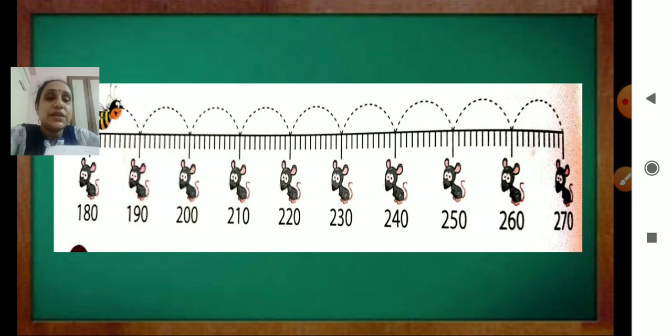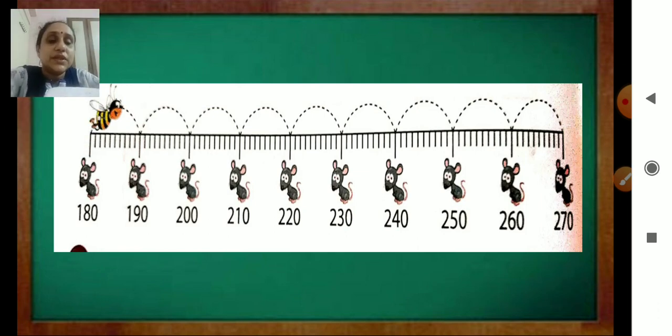Now the next one, tell me, it is skip counting from 180, it is starting. 180, 190, 200, 210, 220, 230, 240, 250, 260, 270. So it is the skip count in tens. Clear? Is it clear to everyone? Okay, very good.